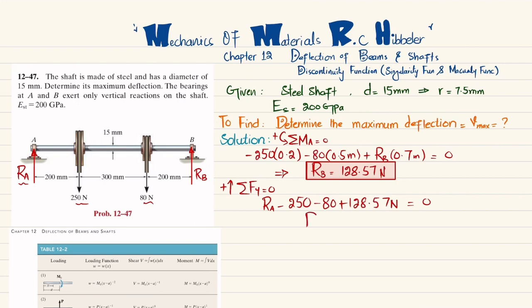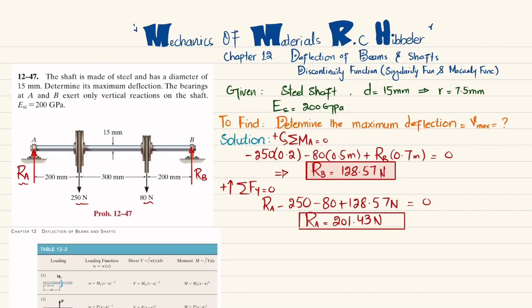So when you calculate it, you will get RA equal to 201.43 Newton. Now you have both RA and RB.